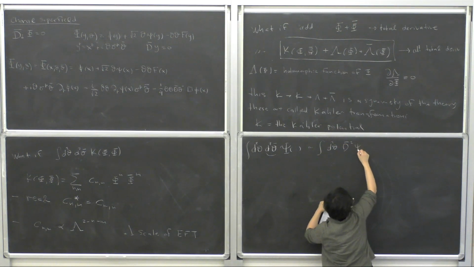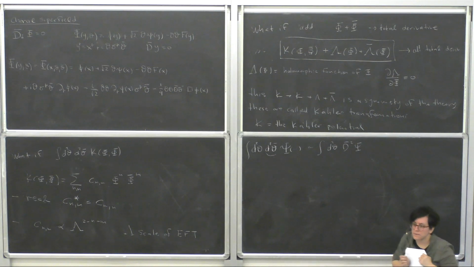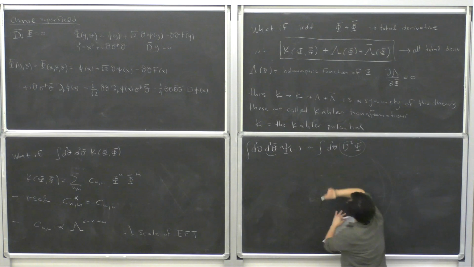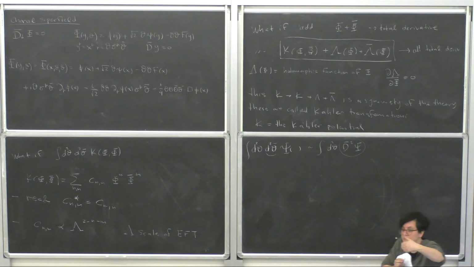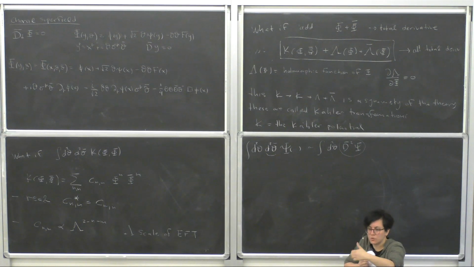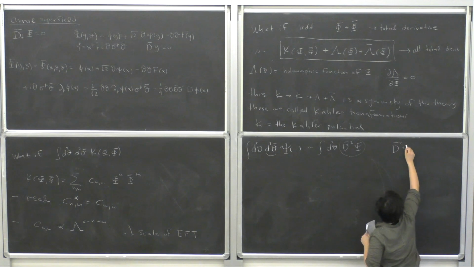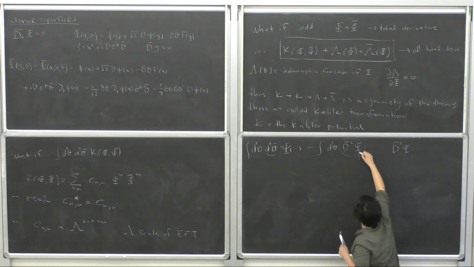Squared. This is like this now. But what is this guy? If I act with a further D bar on it, I will get 0 because 3 of the same spinors, 0. Yes? So this is a general superfield.